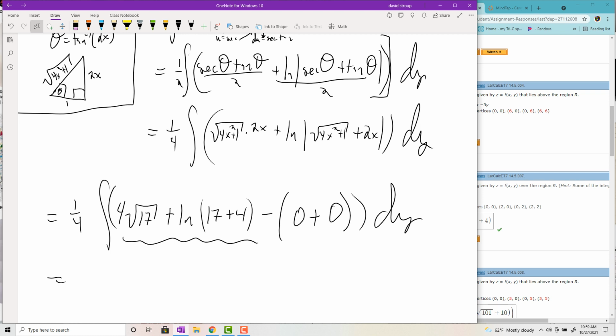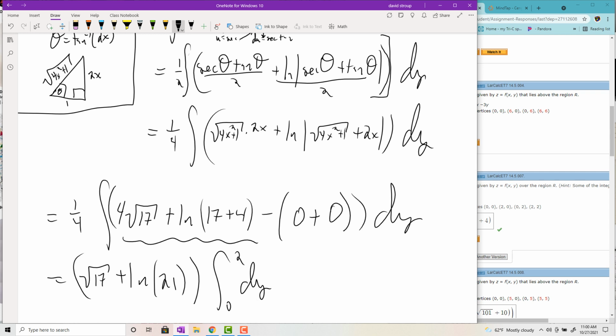Multiply by 1/4, you get square root 17. Well, I may want to. So square root 17 plus ln of 21 times the integral of dy from 0 to 2. What's square root 17 in here? So I can't simplify that.